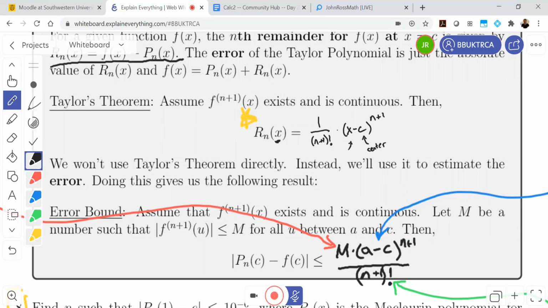So it's 1 over n plus 1 factorial times x minus c raised to the n plus 1 times the n plus 1th derivative of the function at some other point u, for some u value near c. Specifically, I'll be even more specific: for some u value in the interval between x and c.